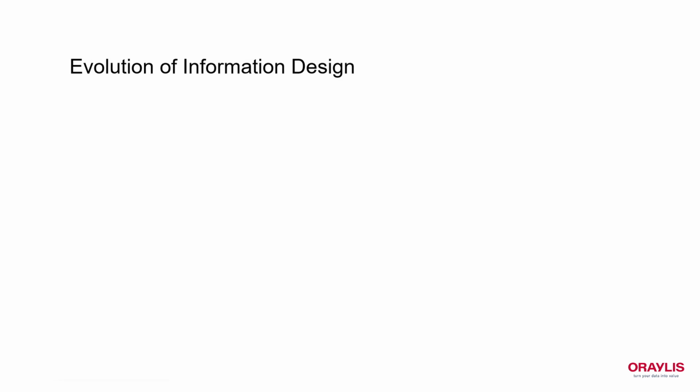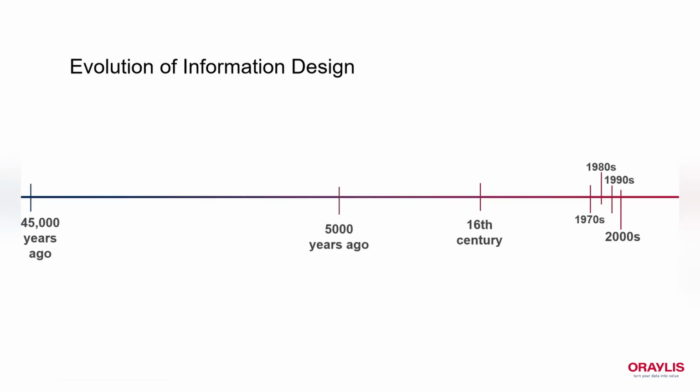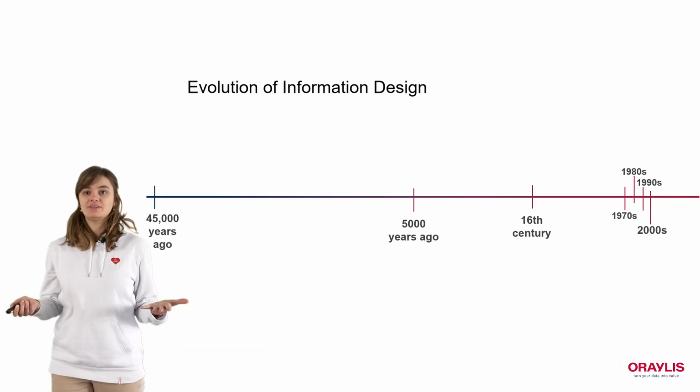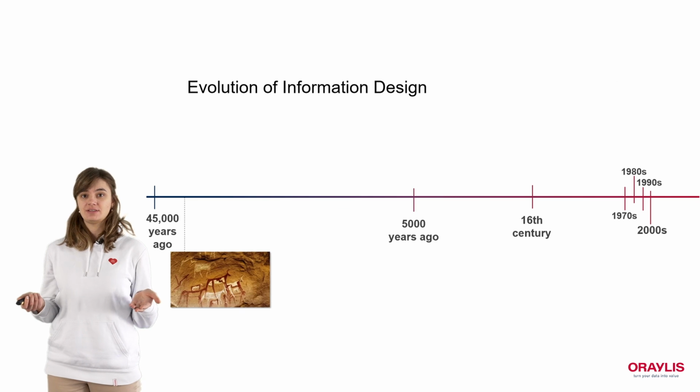On this slide, I want to illustrate why we need smart information design. This here is a timeline. 45,000 years ago, the human race was designing information in the form of simple illustrations.